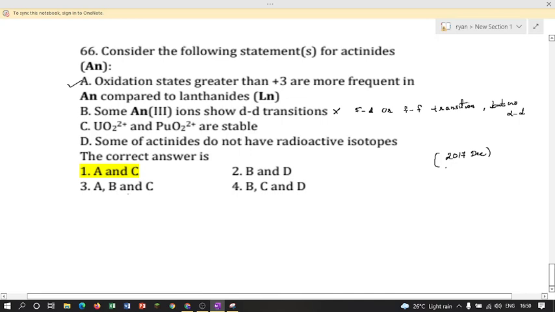Therefore, here option B is wrong. Both are stable, then option C is correct. Some actinides do not have a radioactive isotope. This is also wrong. All the actinides have radioactive isotopes. Therefore, the correct answer is option 1.